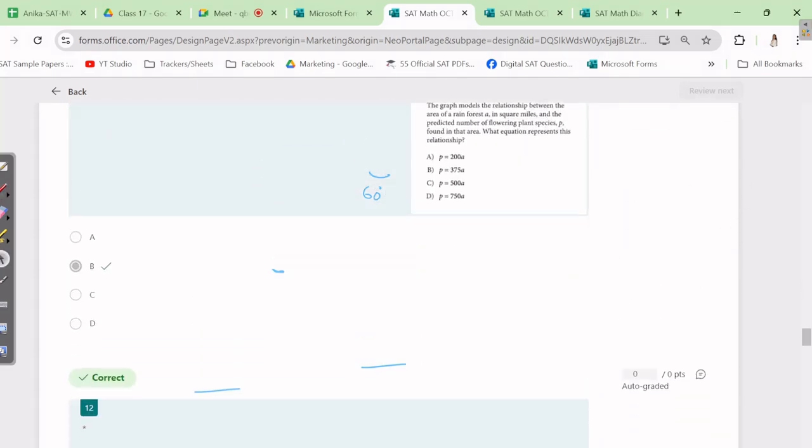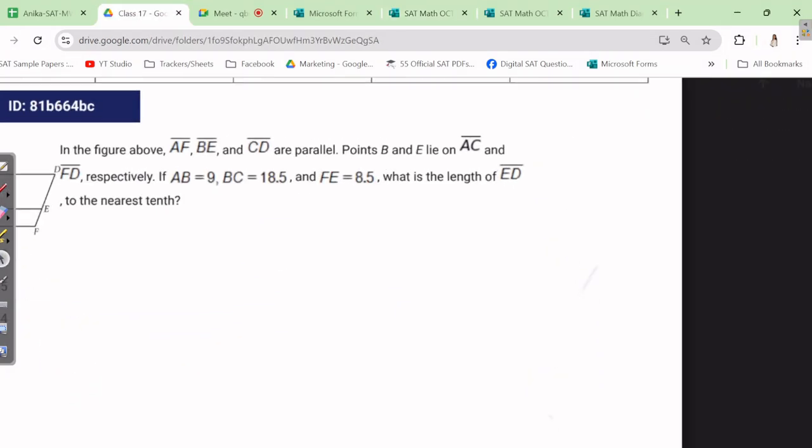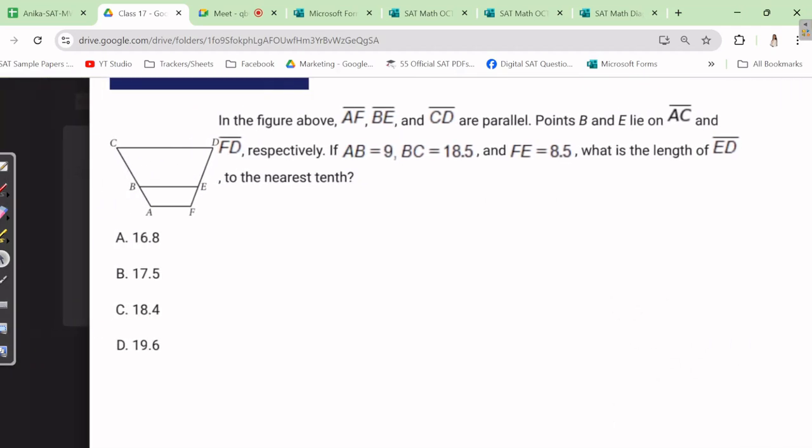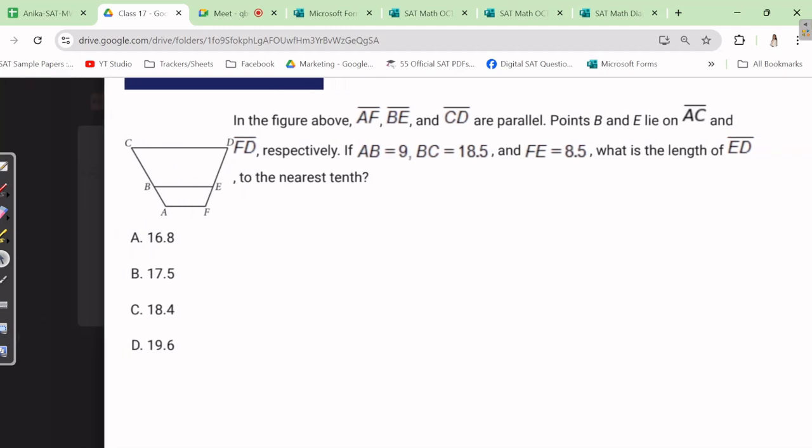That theorem will also work in this question, Anika. This is not a triangle, but it's a trapezoid. Okay, let's try out this one. In the figure above, AF, BE, and CD are all parallel. So that means we can apply the triangle proportionality theorem.